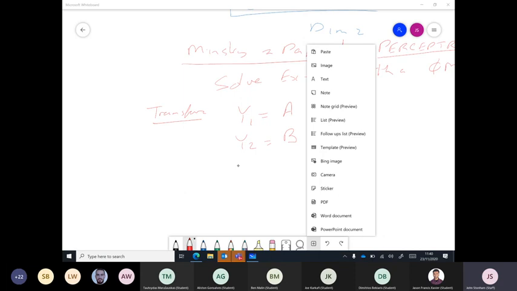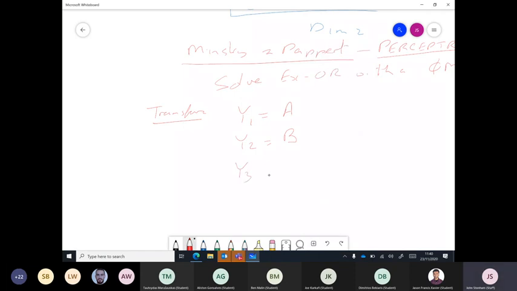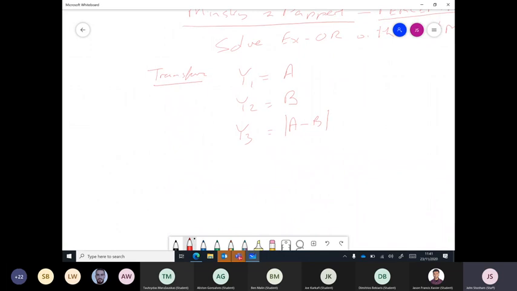So I'm going to define Y3, because I know it will work, as a nonlinear modulus, mod of A minus B. And because we will have patterns at the origin with XOR, let's have a bias. Y4 is a bias, and that can be equal to 1.